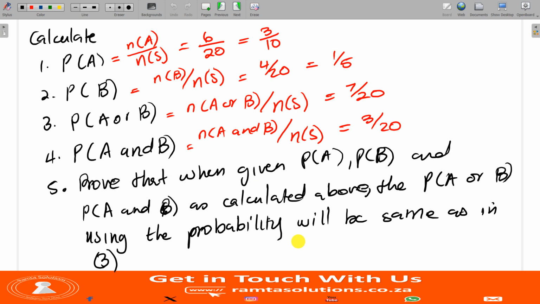Let me add it here: using the probability identity. Use these values that you calculated and prove that the probability of A or B we get when we use the probability identity will really be 7/20. Go ahead, I'll give you a minute.